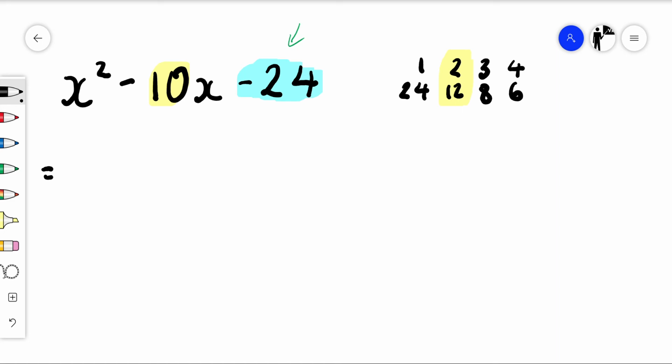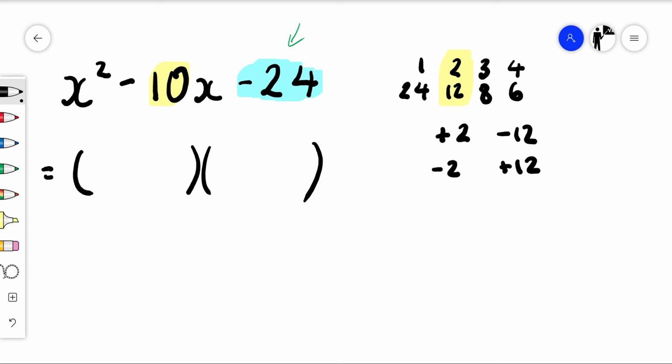So we know we're going to have different signs, but how do we know where the signs go? Because with 2 and 12, we could have plus 2 and minus 12, or minus 2 and plus 12. How do we know which one's correct? We want to choose the option that makes minus 10. So plus 2 minus 12 is minus 10.